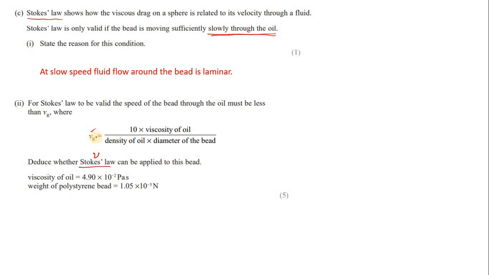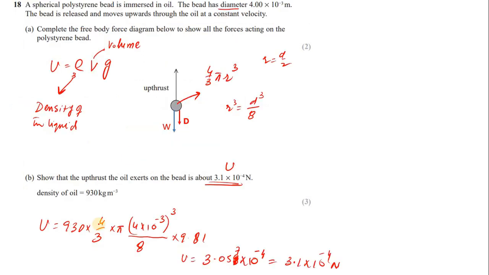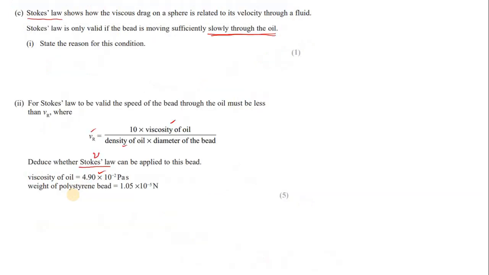So first let's find VR. It is a direct calculation. Viscosity of the oil is given as 4.9, density of the oil was given in the previous question as 930, and the diameter of the bead is also given.